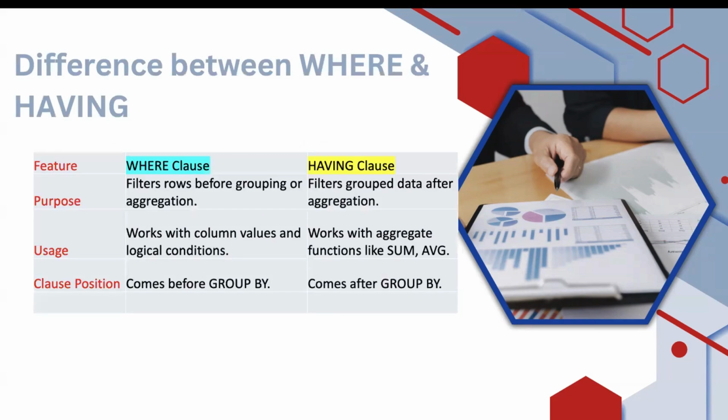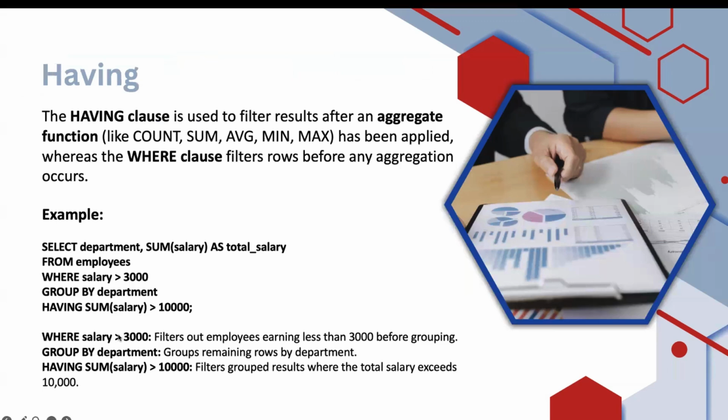Here is the difference. The where clause is mainly used to filter the rows before grouping or aggregation, and the having clause filters the grouped data after the aggregations. So you can say where comes before group by and having comes after group by. Let me show you here.